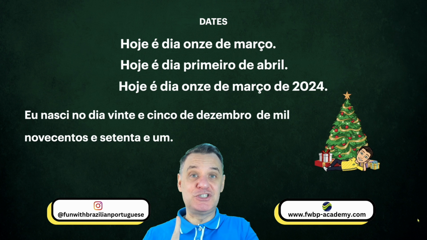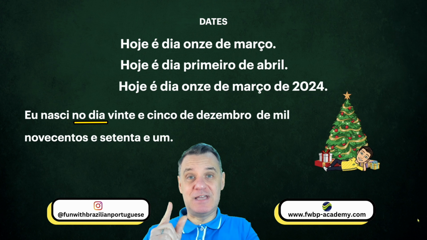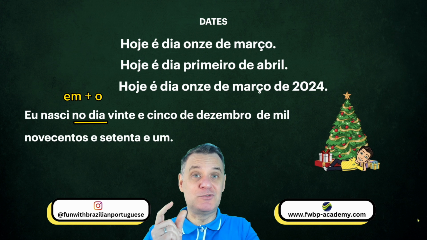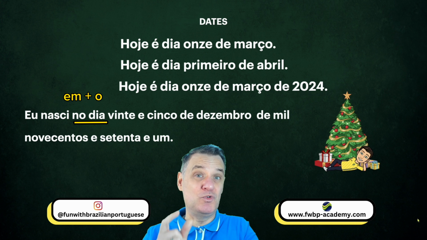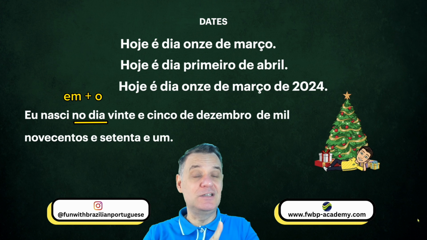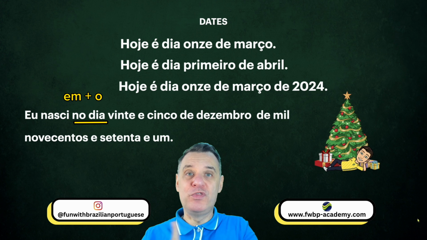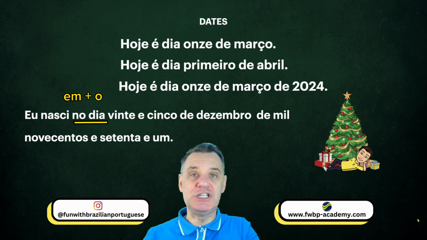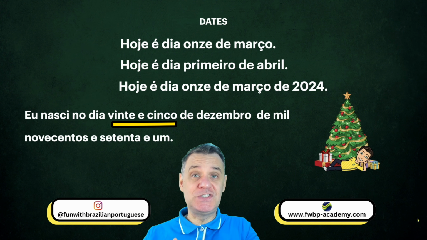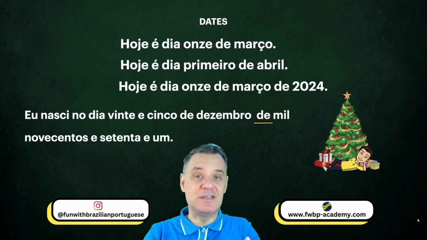And then we've got the preposition no, which is actually the preposition em merged with the masculine definite article o, because dia, although it ends with an a, it's a masculine noun. So on the day, no dia. 25, cardinal number, preposition de before the month, de dezembro, preposition de before the year, de 1971, full number.